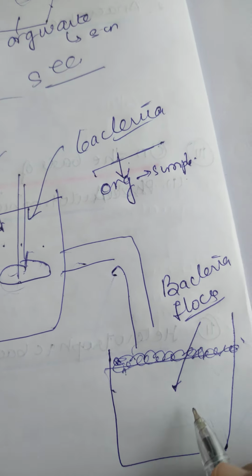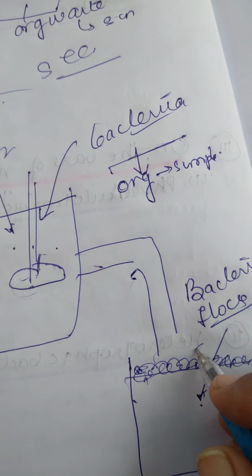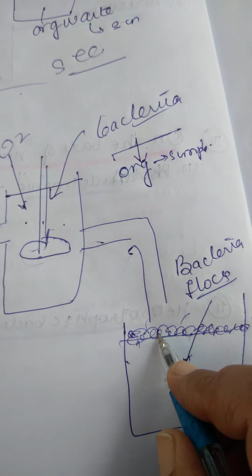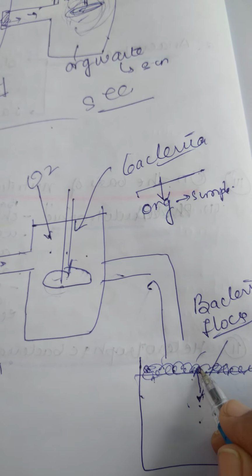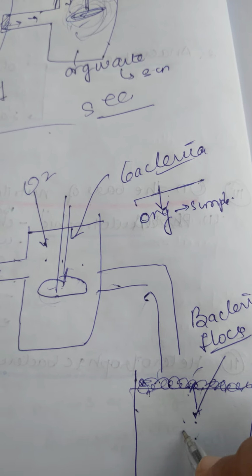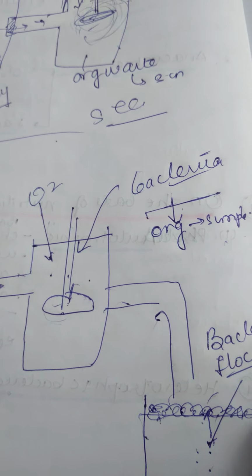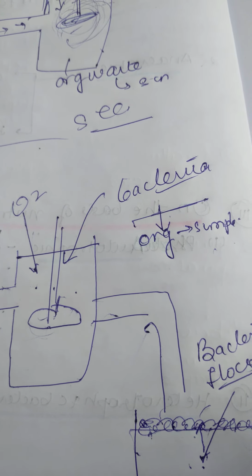It will not give you desi ghee. So these are bacterial flocks. Now these are anaerobic bacteria. The anaerobic bacteria will utilize all the remaining organic material that is left and convert it into simpler compounds. Are you getting the point?